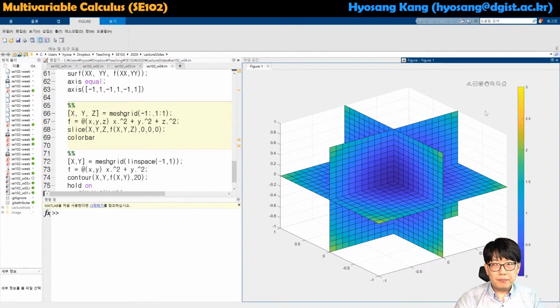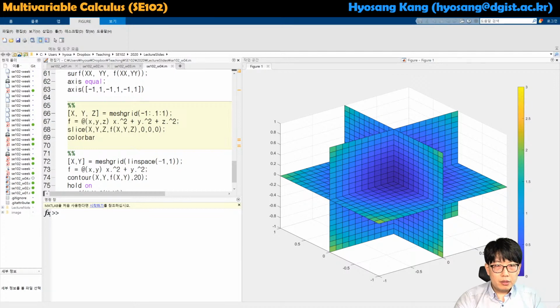using color. You see, the 3-variable function has a domain of 3-dimensional space. If you pick any point in the 3-dimensional space, that becomes the input of the function.